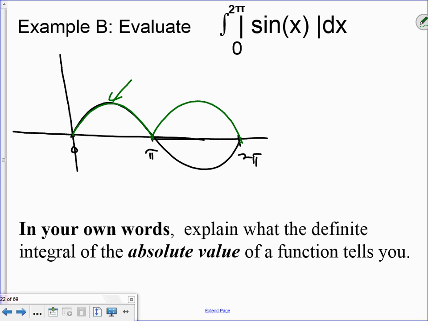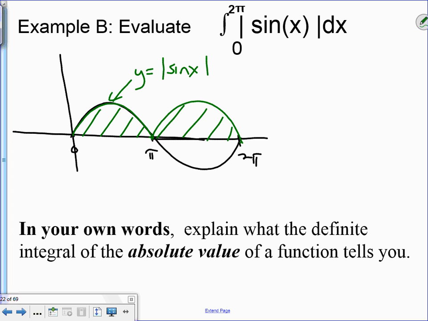This is the graph of y equals the absolute value of sine x. So if you take the absolute value of a function first, then take the definite integral, now you're just getting all this area, which is the total area enclosed by the graph and the x-axis. That's a nice little trick. And I'll tell you, that's the thing to do when you're allowed to use a calculator.